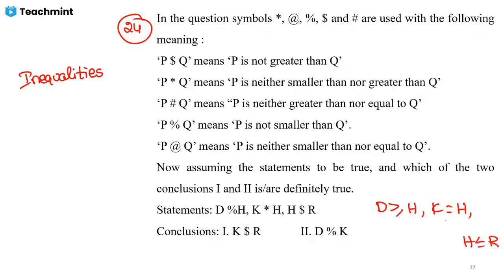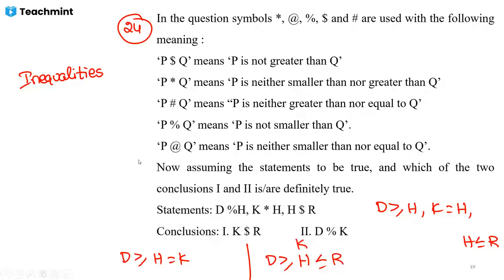Now how you can connect: D is either greater than or equal to H. A lot of things are connected to H here. H is either less than or equal to R, that's one thing. The other one is D is either greater than or equal to H, and H equal to K. In place of H, I can put K also here.